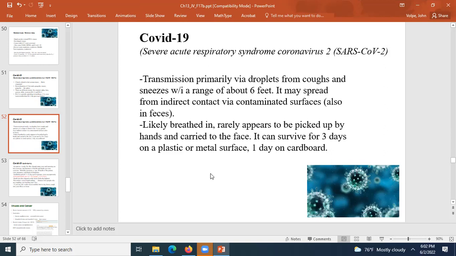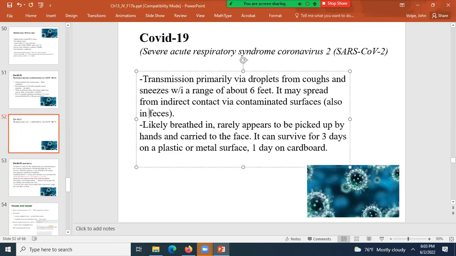It is also transmissible from indirect contact, meaning if a surface becomes contaminated, you can pick it up on your hands and then spread it to a mucous membrane of your face. COVID-19 is also found in feces, but we don't think it spreads this way.